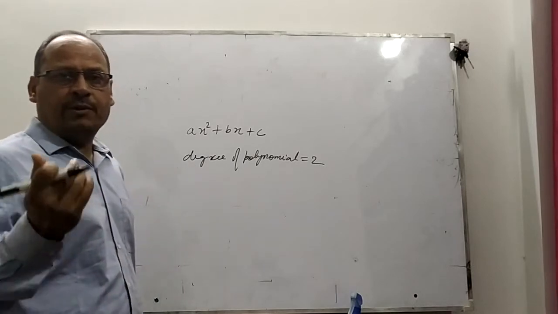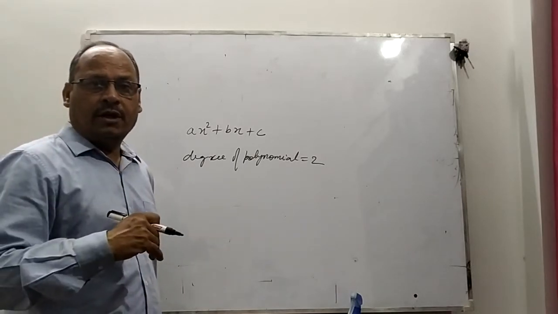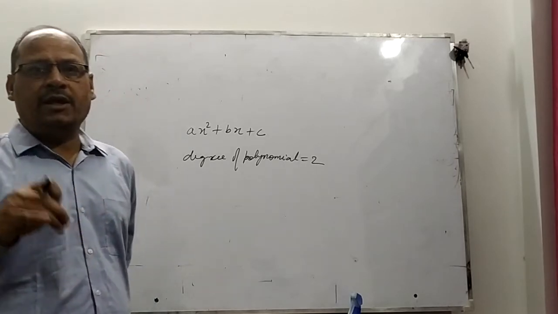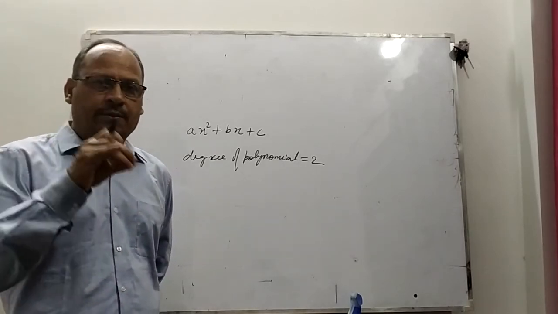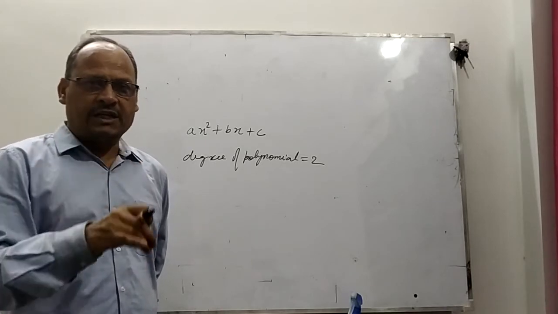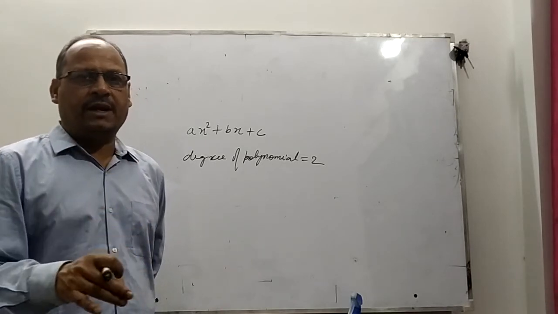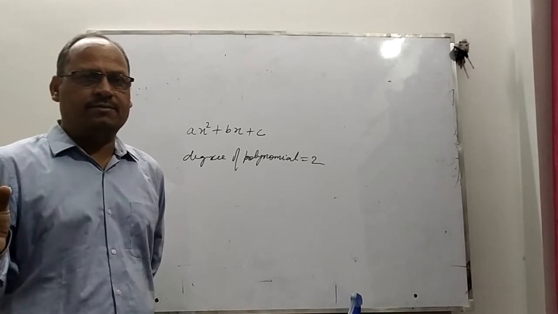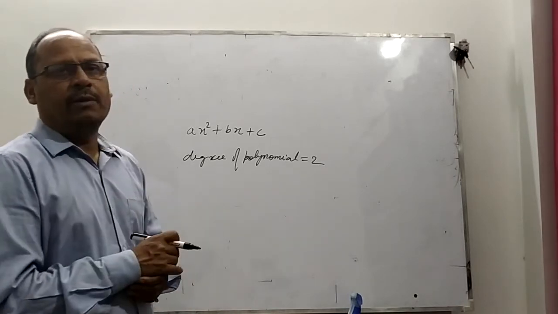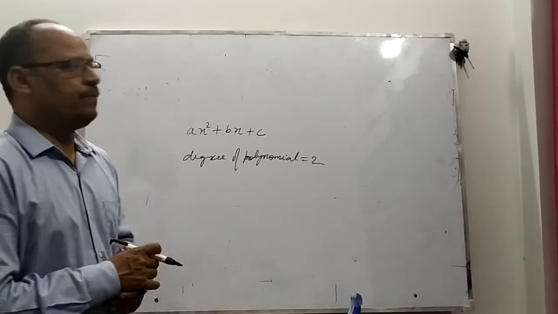What is the difference between a polynomial and an equation? Any mathematical statement or expression, polynomial, all are the same. If any polynomial is equal to 0, then it becomes an equation.